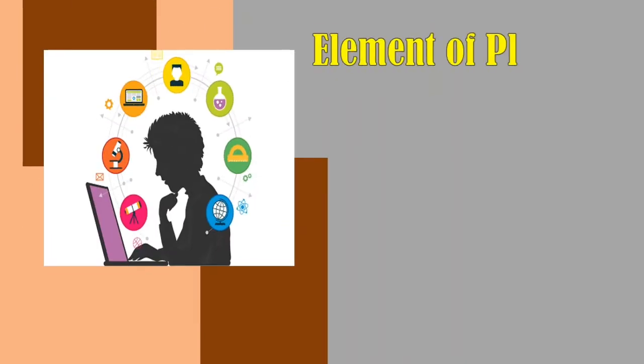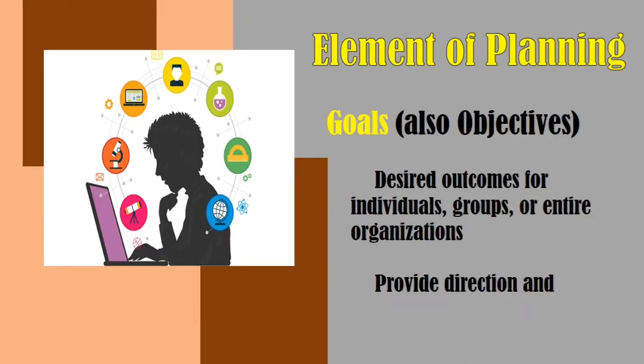Now let's discuss the elements of planning. One of its elements is the goals, or sometimes also called the objectives. Goals are desired outcomes for individuals, for groups, or the entire organizations. The same goals provide direction and evaluation performance criteria.